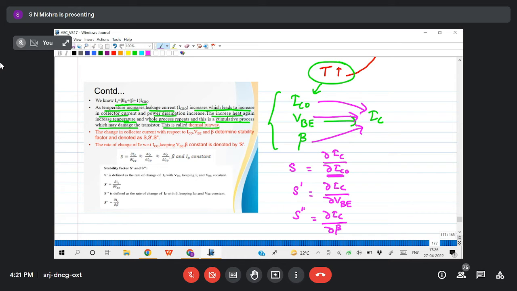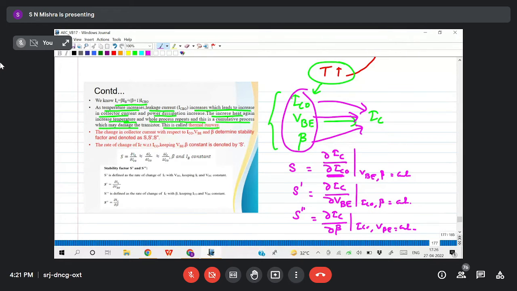So you can see all are partial derivatives, because I cannot take the effect of three parameters at a time. Once I take one parameter, the other two are constant. So for S, beta and VBE are constant. For VBE, ICO and beta are constant. For beta, ICO and VBE are constant.